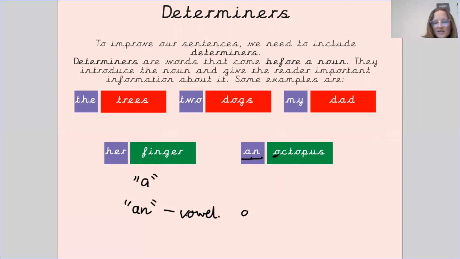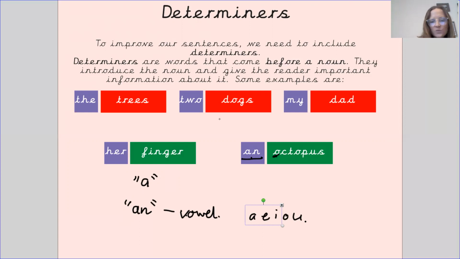Our vowels are obviously A, E, I, O, U. Those are our vowels, and it is something we need to remember. So if the next word after your determiner starts with A, E, I, O, or U, if they start with any of those 5 letters, we would use an.